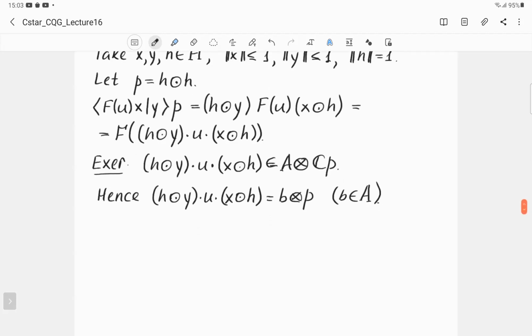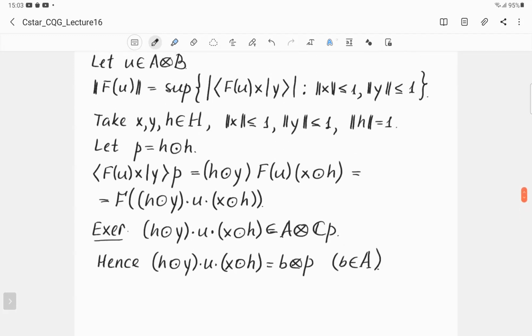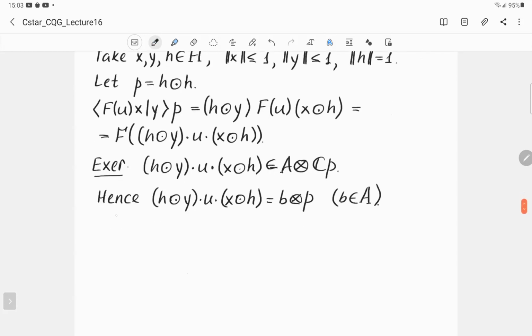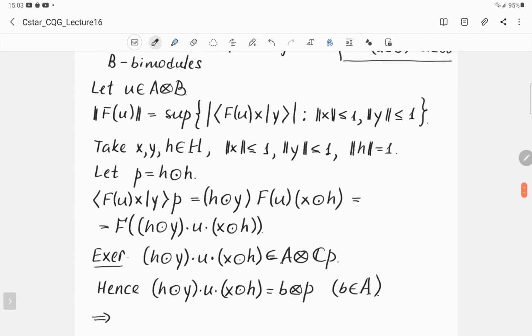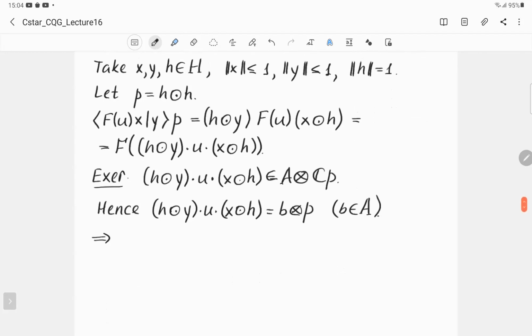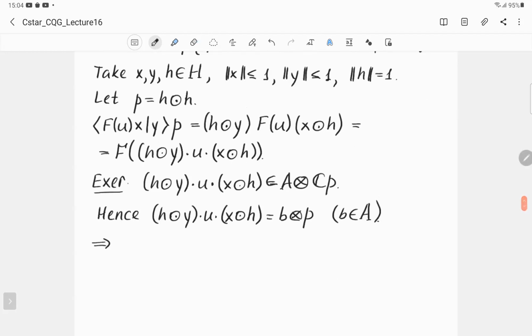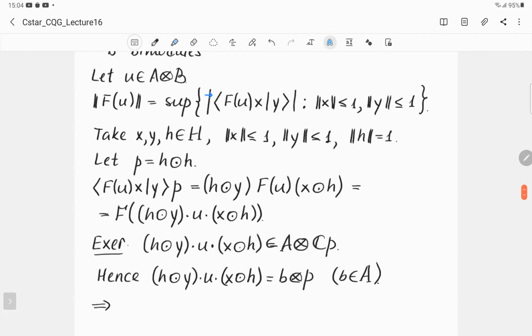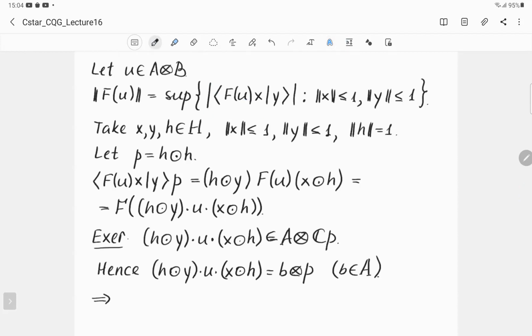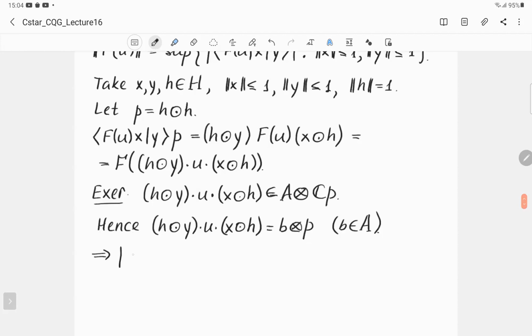Okay, now we can continue our calculation. We use this equality, and now we write the norm of f of u as follows. Well, not the norm of f of u, because the norm of f of u is the supremum, but the absolute value of this number, which appears in this formula, for u x inner product with y.